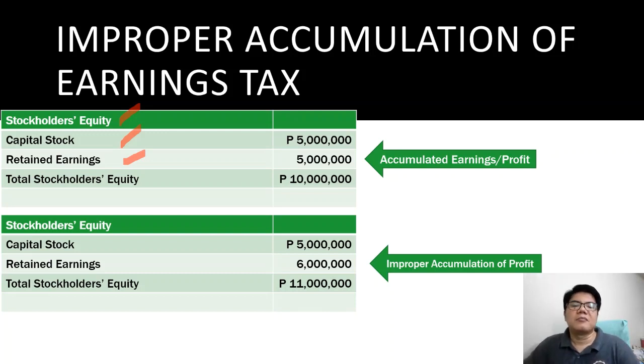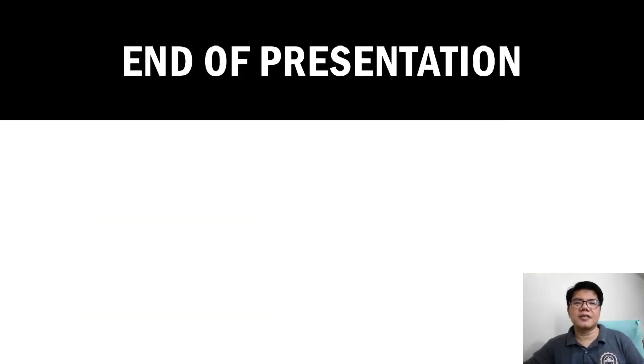But in case your retained earnings exceeds 100% of the capital stock, the excess of 1 million over the 5 million is already subject to 10% improperly accumulated earnings tax. So that's it for now. See you on the next video.